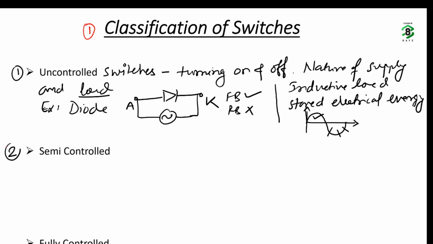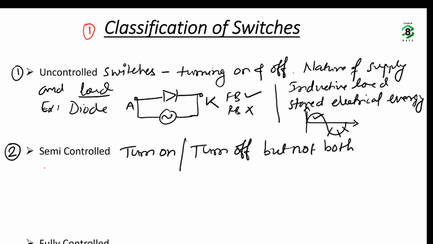Now second, semi-controlled switches. In this type of switches, we have control on either of the two states. That is, either we can control turn on or turn off, but not both. An example of this type of switch is the SCR.